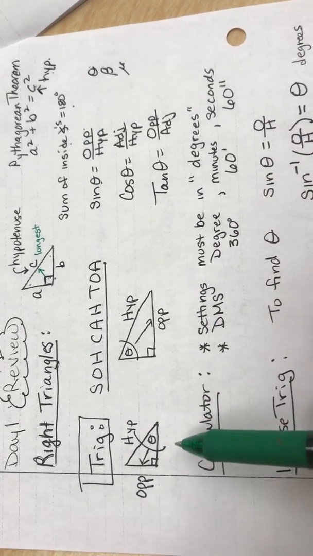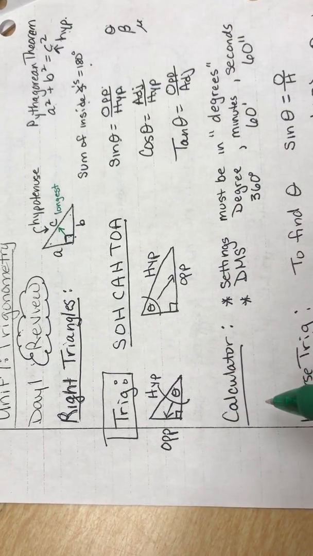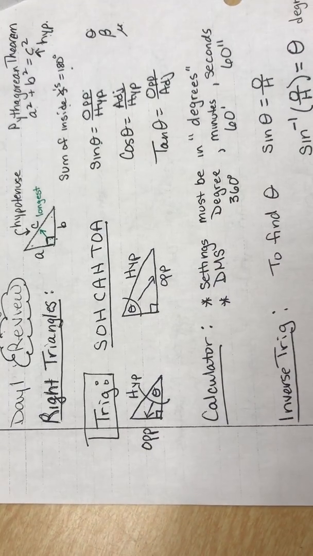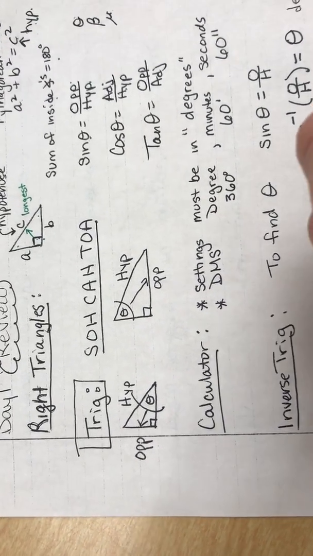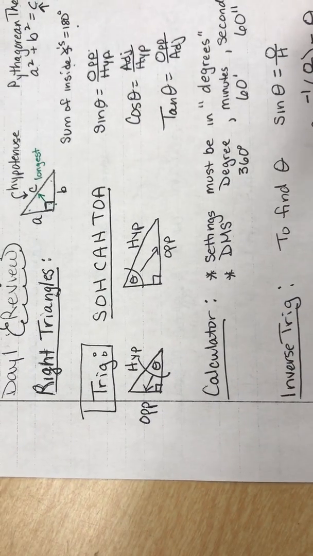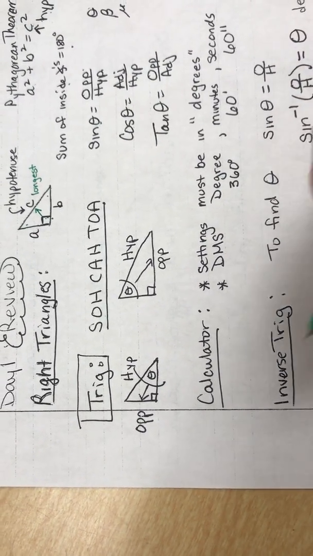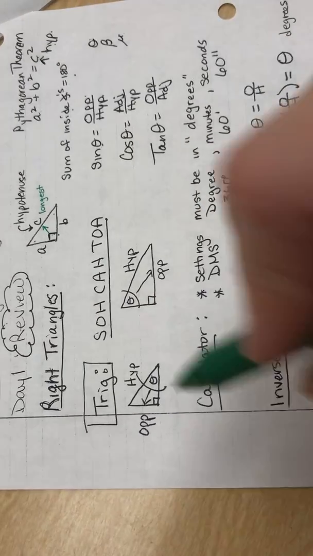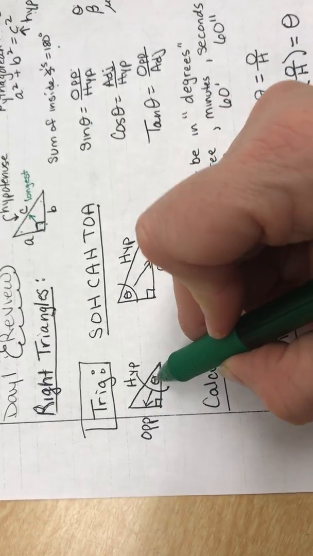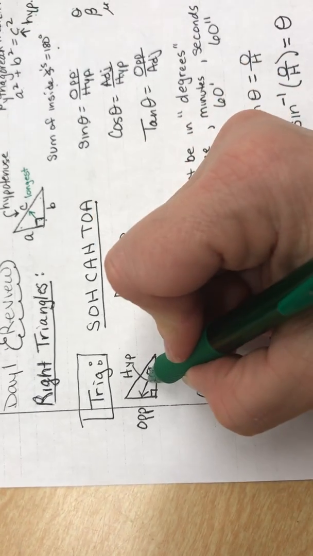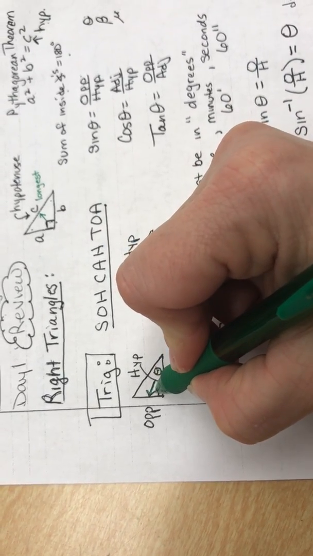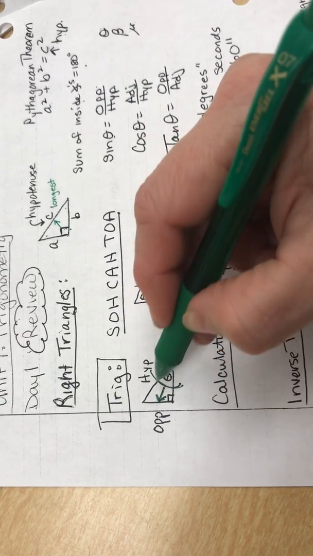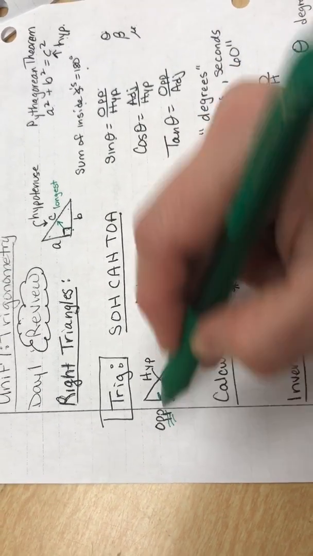Now, when you're doing trig, a lot of students don't understand which side is the opposite, which side is the hypotenuse, which side is the adjacent, because they do change depending upon where your angle measurement is. So if you have this triangle, and the angle measurement is down here, then immediately draw an angle opposite. Once you mark this and go opposite this angle, that literally is your opposite.